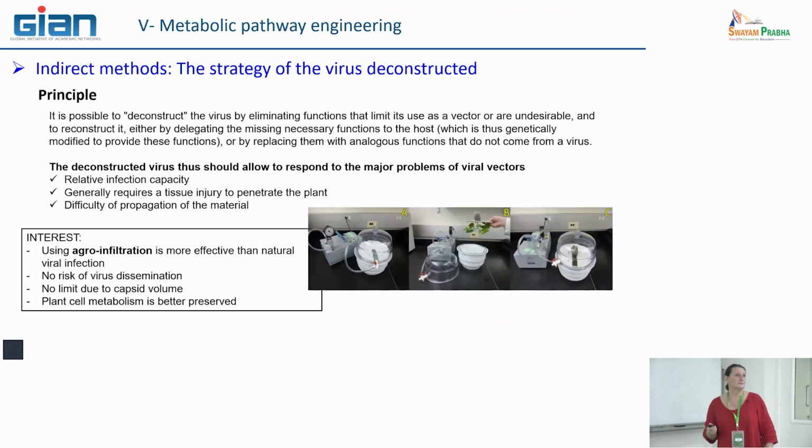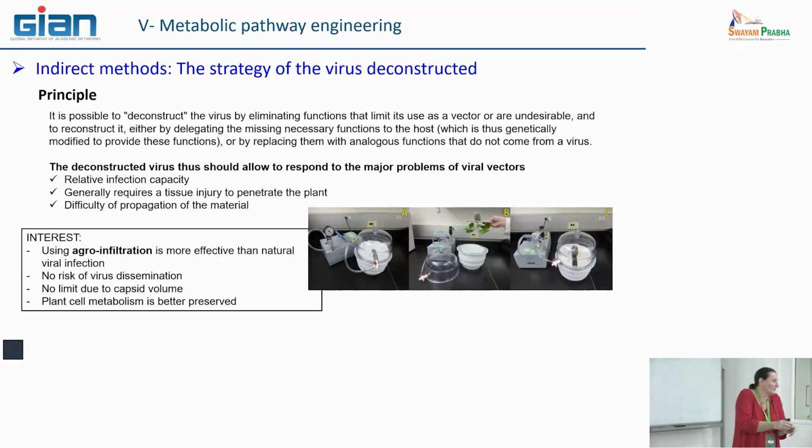Sometimes it is quite difficult to agro-infiltrate a large number of plants. So we use a sort of vacuum system. It's quite easy. You put your plant under the box, and you remove all the air. And if they are in contact with agrobacterium, what happens?